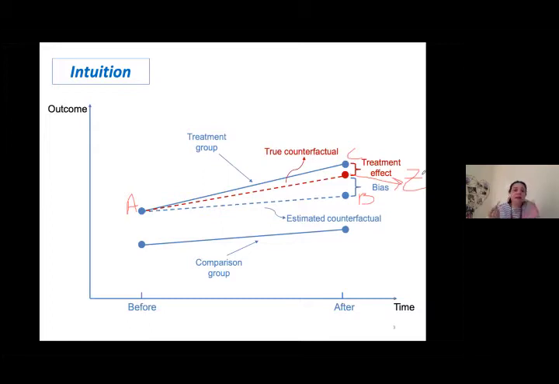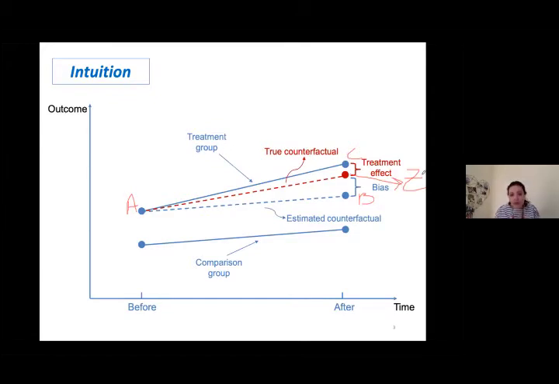I may assume that households who benefited from Takaful, their income would increase from A to B, while because of some unobserved characteristics, in addition to the observed characteristics, even without the program, even without the cash transfer, their income would increase more than the increase in the income of the comparison group.